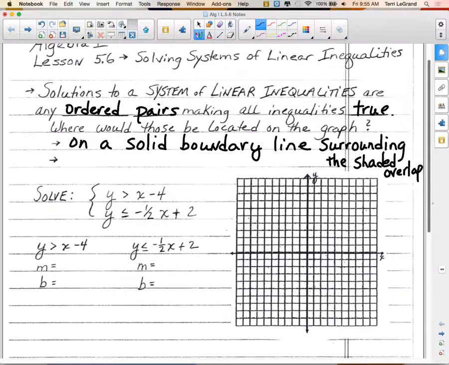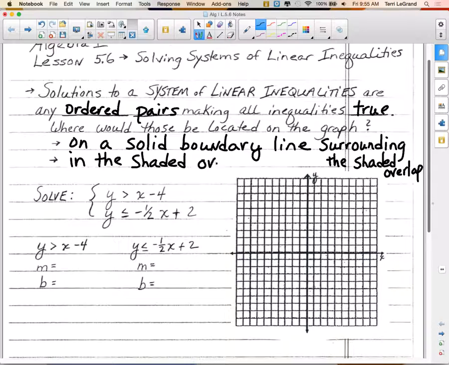So in other words, it's kind of framing around, like the fence around the shaded overlap. And then the other place would be in the shaded overlap.